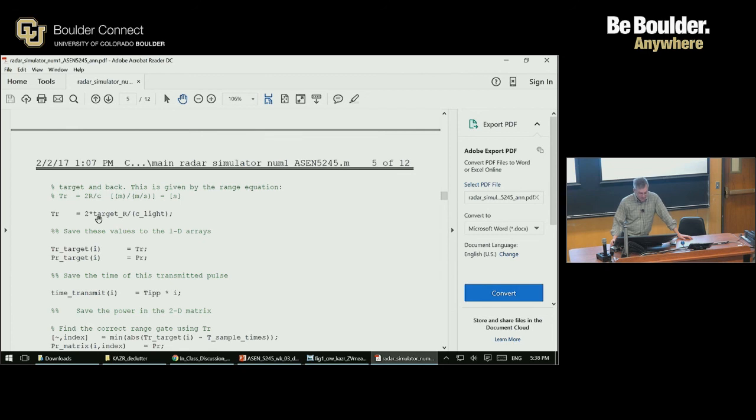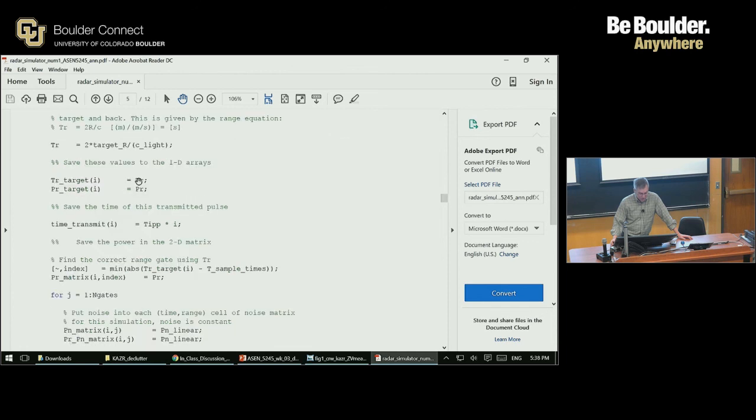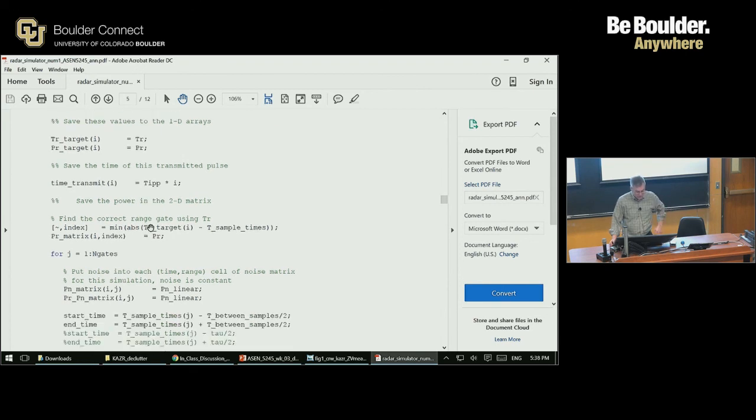And from that target range, this is the true time. Now the true time is saved for this IPP, this is the transmit time for the IPP. No, he did it in time. So yeah, I guess I did it twice.